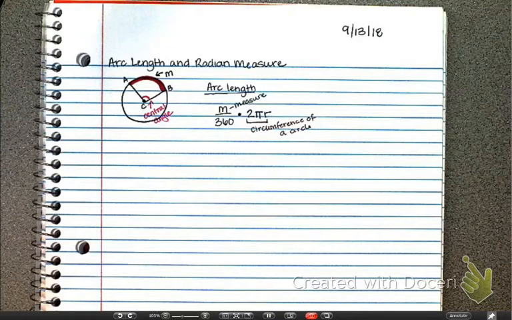And my radius is 12 meters. And I want to find the actual length of the arc. Now, this is in degrees because the central angle and the arc have the same measure. So we're talking about degrees. I want to find a distance. Does that make sense? So we have it in degrees, but I actually want to find the distance, the length of it.